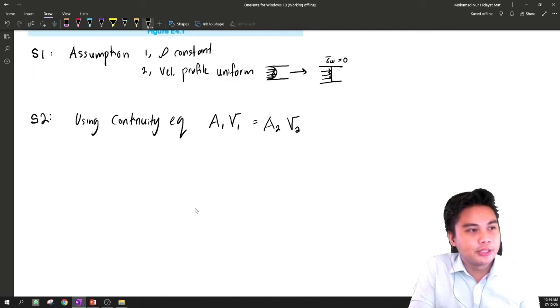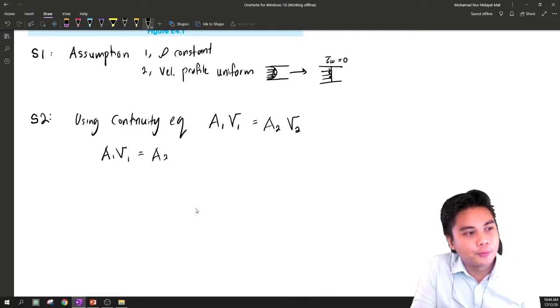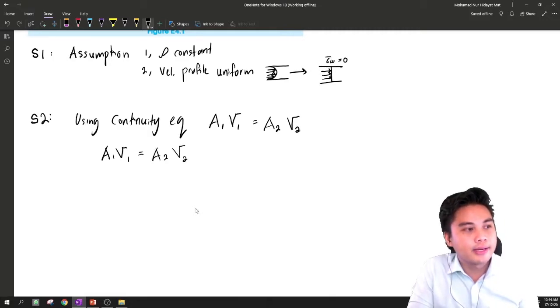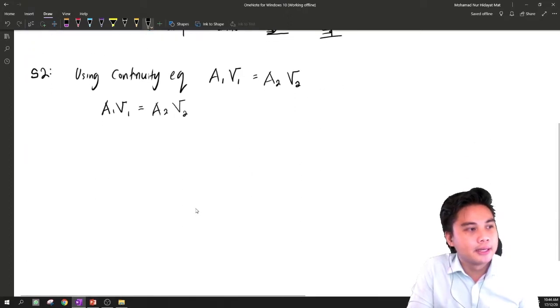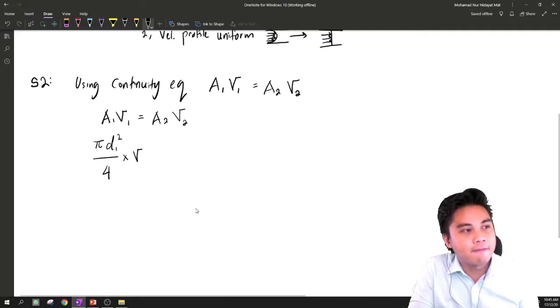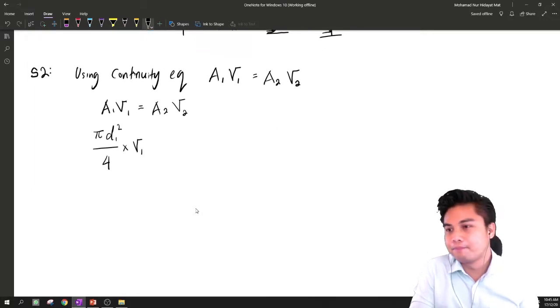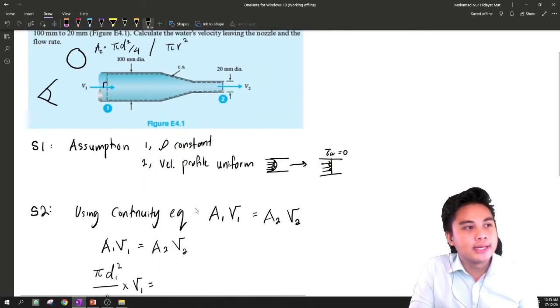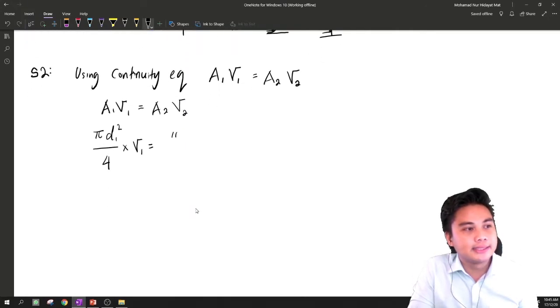So just substitute the values into A1 V1 equal to A2 V2. Area 1 is pi d1 squared over 4 multiplied with the average velocity at point number 1, equal to the area at outlet number 2, which is the same, pi d2 squared over 4 multiplied with the average velocity at point number 2.